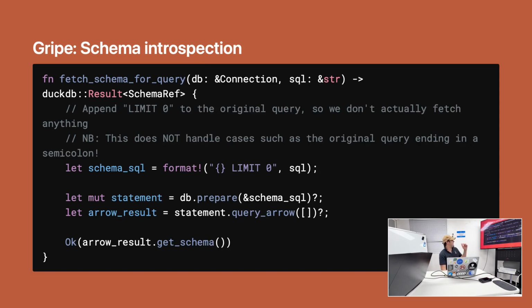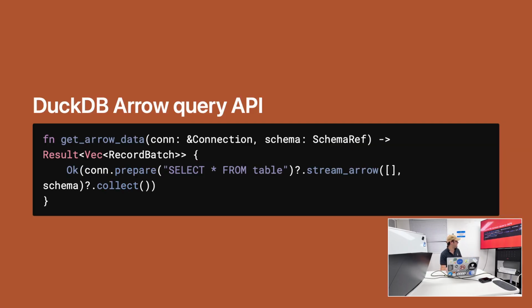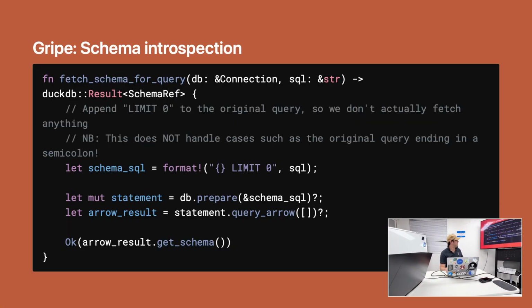So that schema thing, I don't know why they have two APIs. They have a query arrow API and the stream arrow API. The stream one is the one that you want to use if you're going to go over hundreds of thousands of rows. If you use just regular query arrow, then it will use RAM proportional to your result set size. I don't know why the DuckDB API is this way.